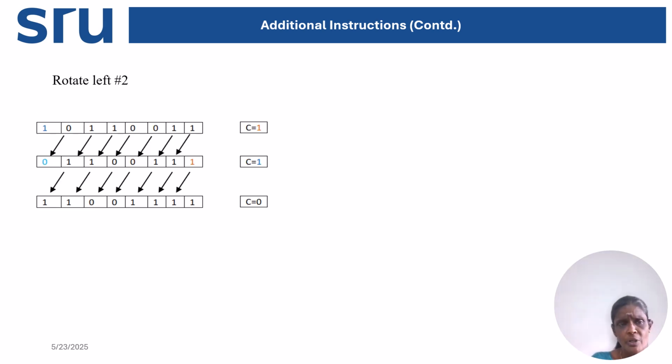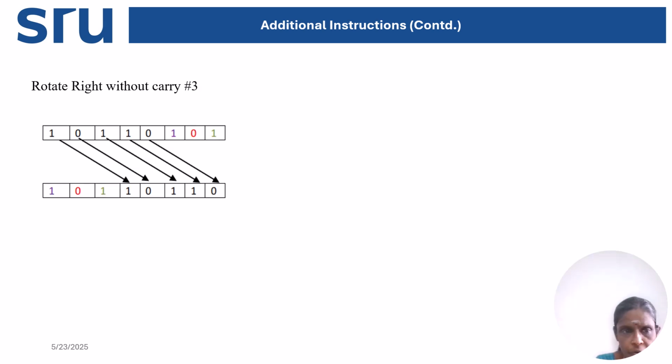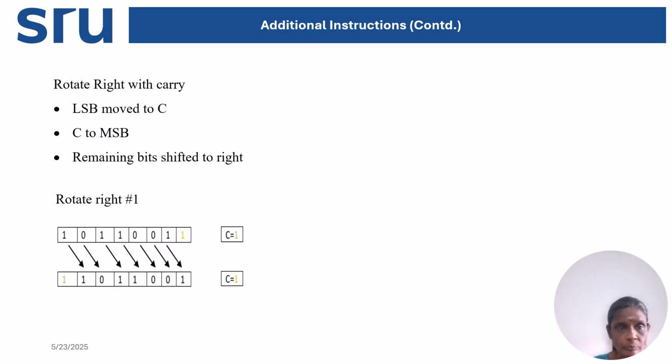So the same left rotate operation by 2 bits. So 2 bits means first 1 bit we have to do, then from that second bit we have to do. So the same is carried over here.